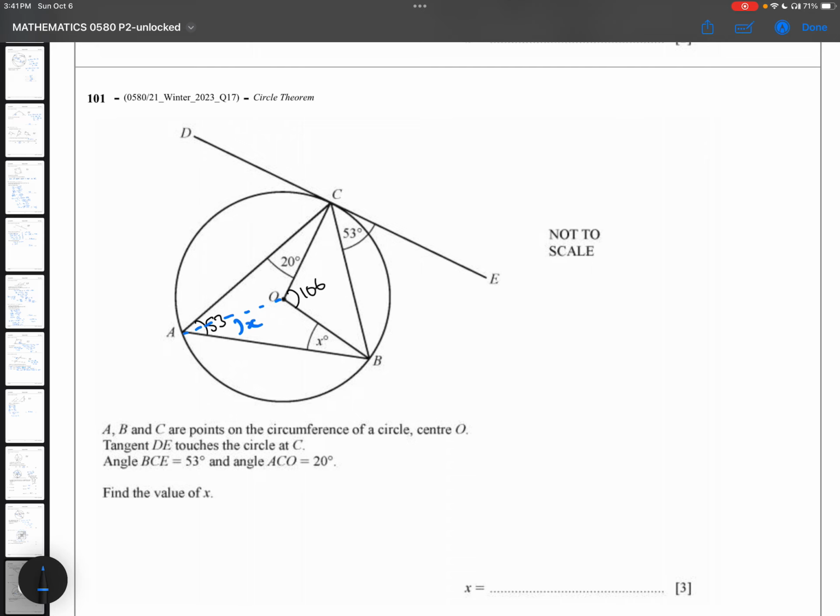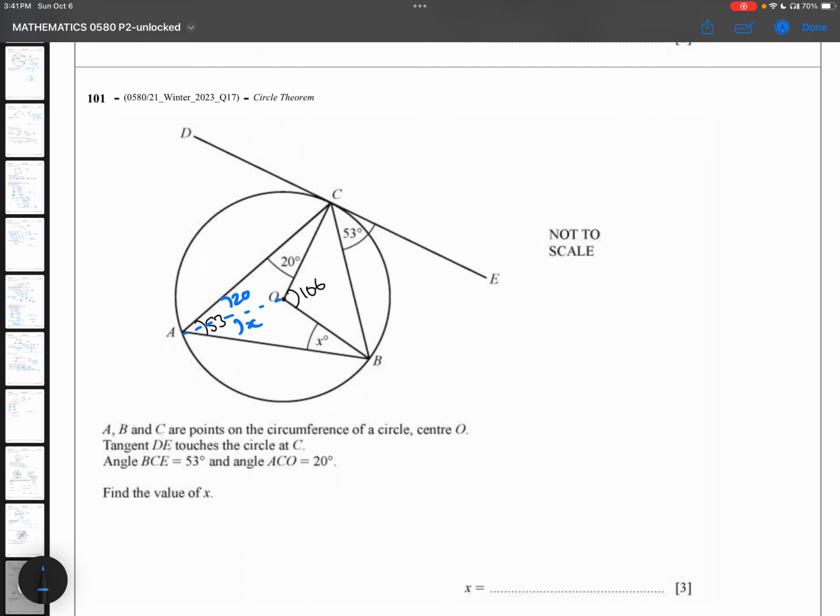In other triangle OAC, this will be equal to 20 degrees. Why? Because OC is the radius of the circle and OA is also the radius of the circle. So this 20 degrees is opposite to OA, OA is equal to OC. The angle opposite to OC will also be equal to 20. This is also an isosceles triangle.